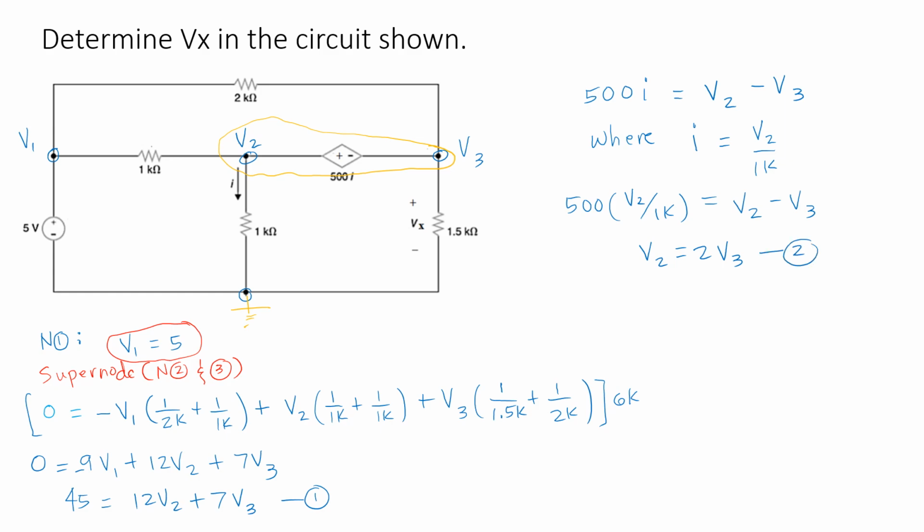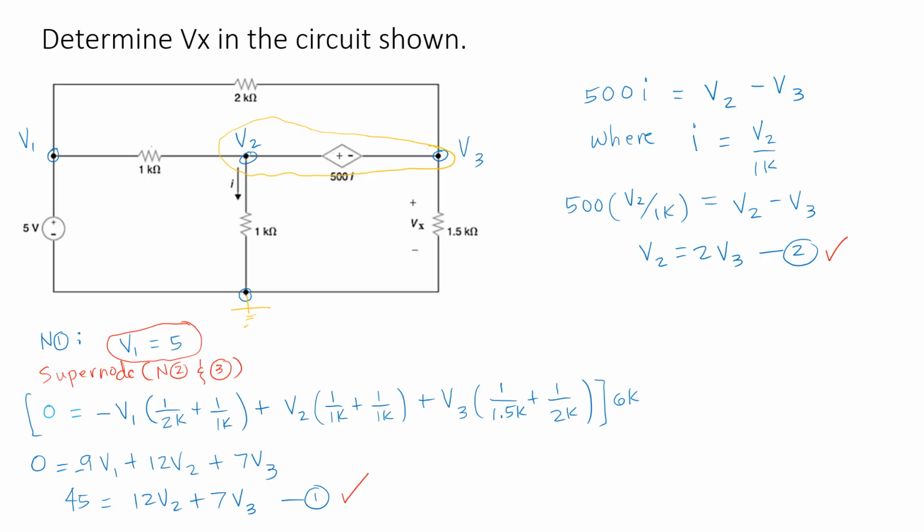Let us call that our equation number 2. We now have two equations and two unknowns. That is equations 2 and 1, and we have unknowns V2 and V3.